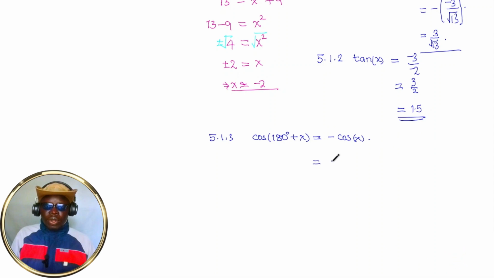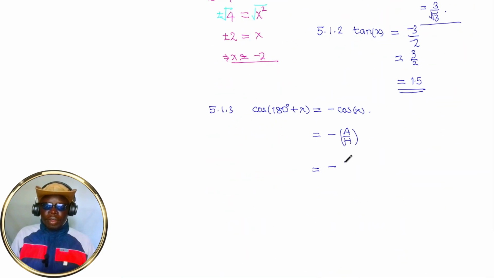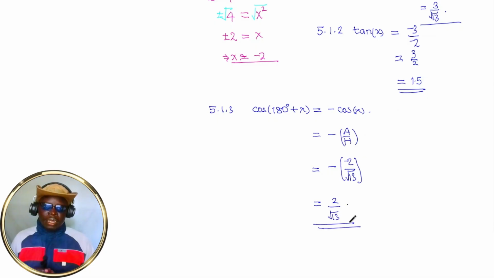We can go ahead and state the cos from SOHCAHTOA, adjacent over hypotenuse. And when we look at our adjacent from the diagram here, we have -2, hypotenuse is root 13. We have our negative outside here, so we have -(-2) from the diagram over root 13. Now we can also open up this bracket and obtain 2 over root 13, and that is the solution for this first part of the question.